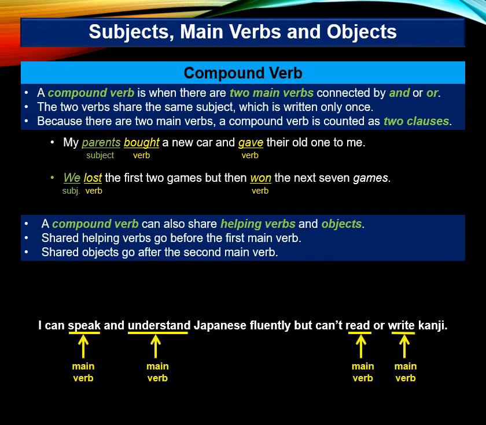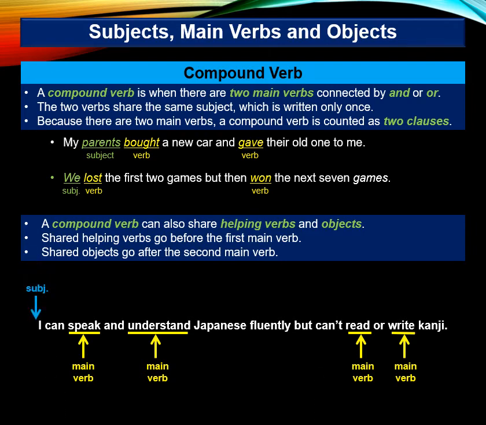Well, this sentence has 4 main verbs, so there are 4 clauses. Each pair of main verbs shares the helping verb: can speak and understand, can't read or write.